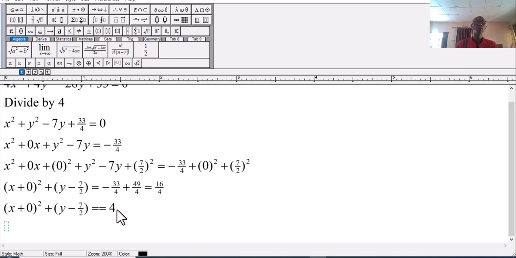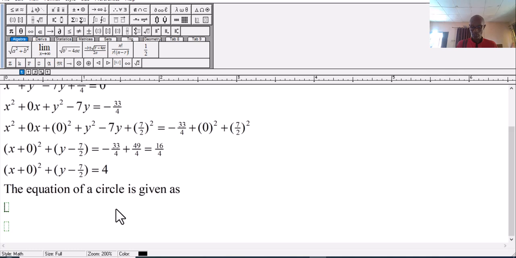Then bring this. So now the equation of the circle is given as x minus a all squared plus y minus b all squared equals r squared.